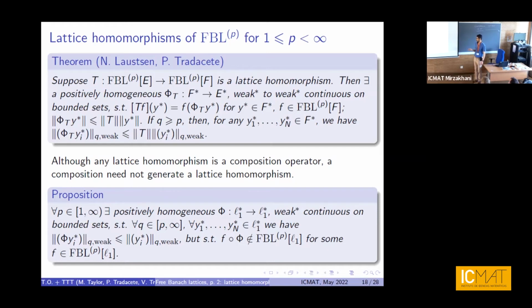So it may happen that if you start with some function f in the free Banach lattice and you compose, you get out of this free Banach lattice. This is related to this example of Aviles, Rodriguez, and Redesset, which tells you that if you look at the free Banach lattice inside of the Hp, then it's not going to be a lattice ideal. So this tells you how bad things can be.